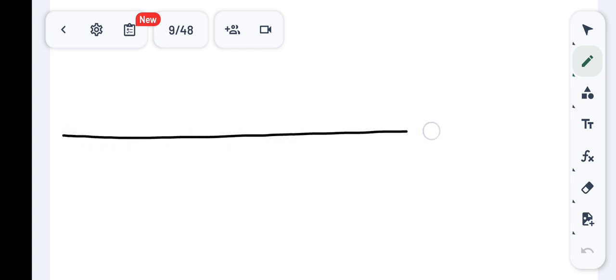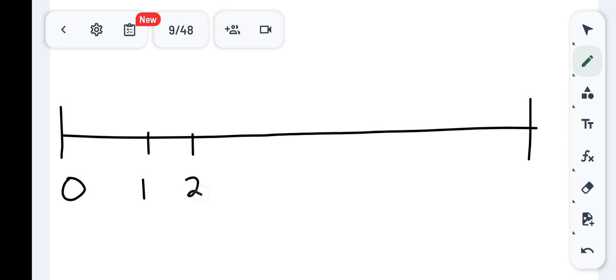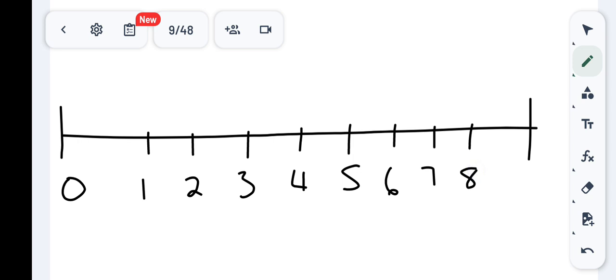But for a present annuity, let's say we have 1, 2, 3, 4, 5, 6, 7, 8, 9, 10 months. I'm repaying.